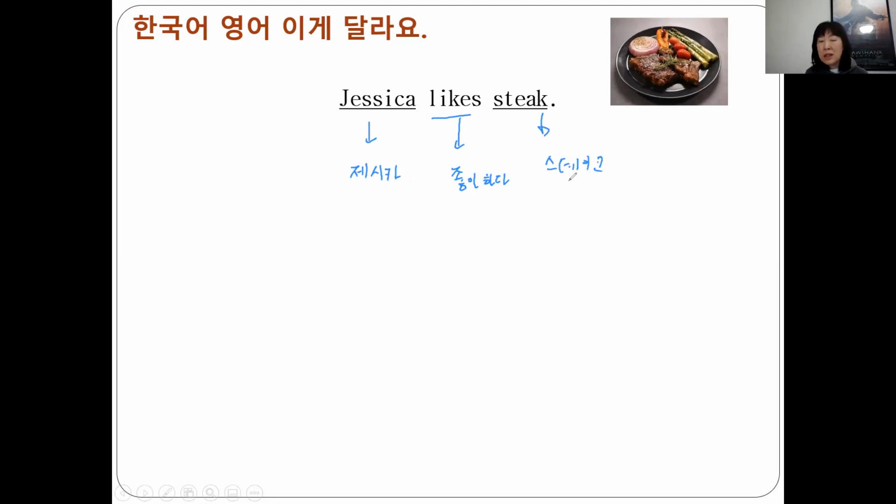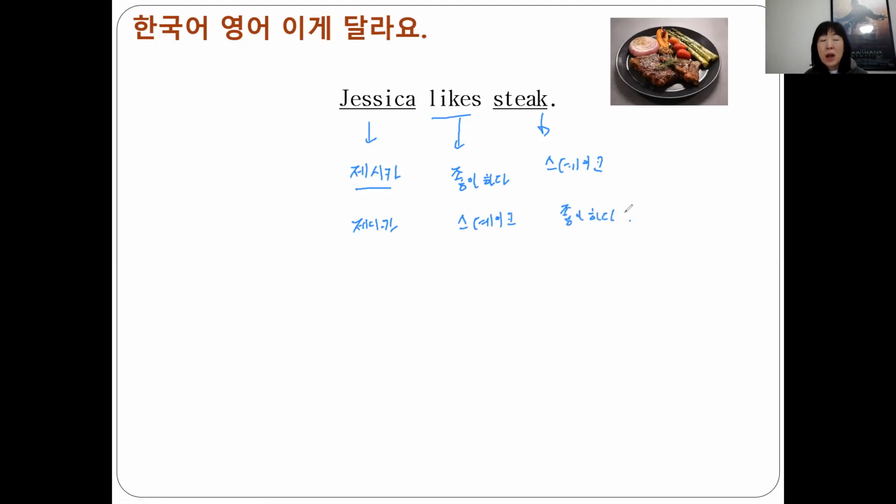Jessica 좋아하다 steak. 자, 그런데 in English they don't have, but in Korean we have particles or case markers. So if you put Jessica, Jessica, steak, 좋아하다, this is not enough.